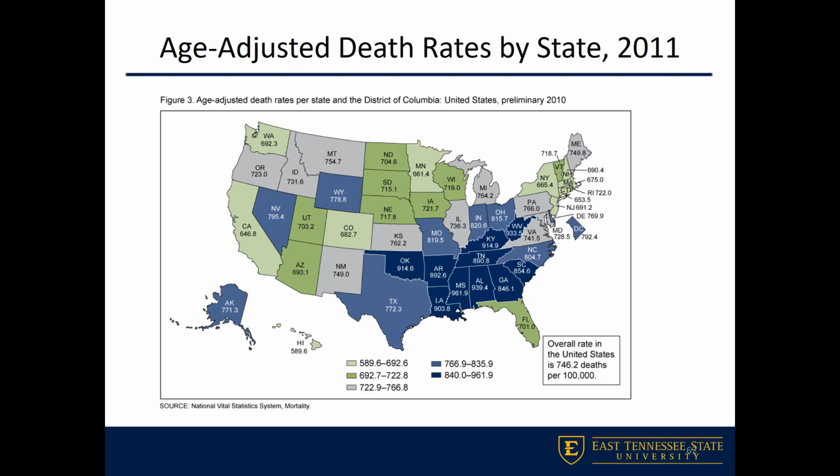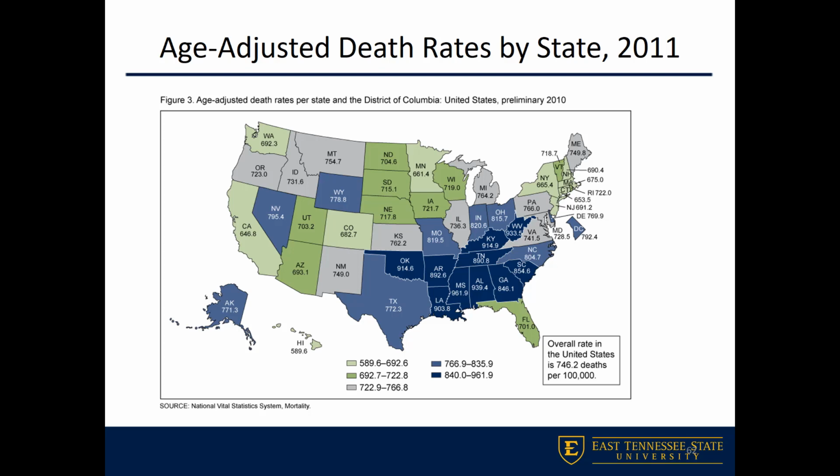So this is showing us age-adjusted death rates by state. The higher number is bad compared to a lower number. So the states with the darkest blue are those with the highest death rates, age-adjusted.